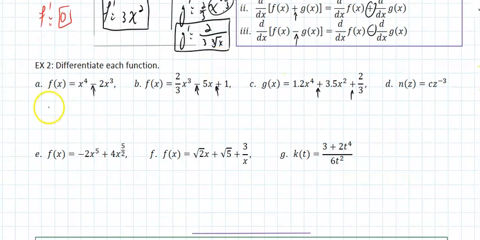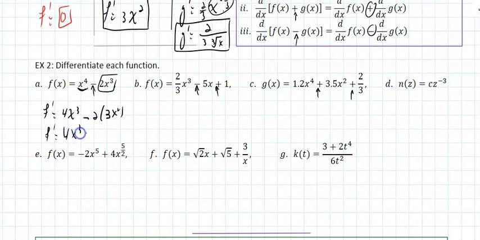So when I look at example 2a, I notice that's a power function. Bring the power down, subtract 1 from the power, copy the minus. Here, the 2 you ignore. The derivative of x cubed is: bring the power down, subtract 1 from the power. So the derivative is 4x cubed minus 6x squared.